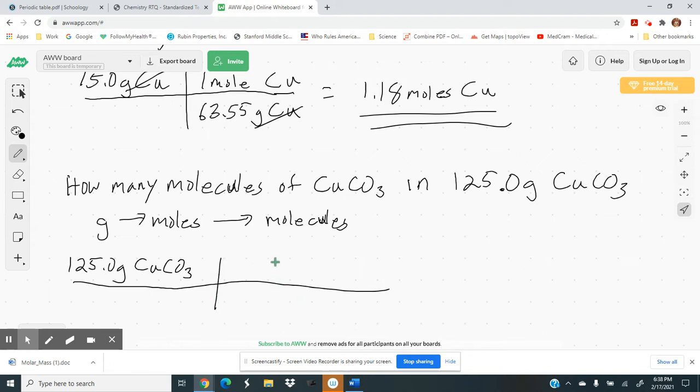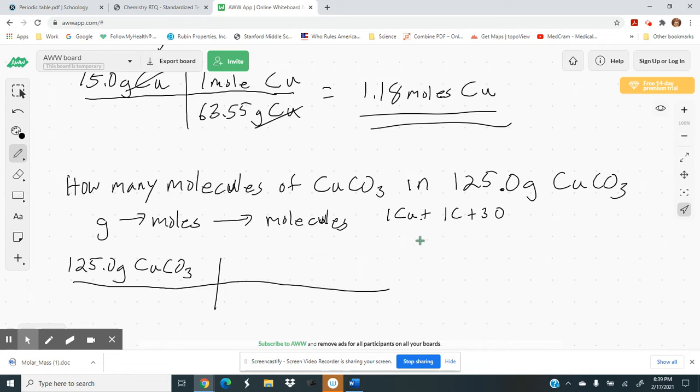Last time my conversion factor I just looked up on the periodic table. You'll recall that in yesterday's worksheet, we calculated the molecular mass of copper carbonate, and copper carbonate is made up of 1 copper, 1 carbon, and 3 oxygens.